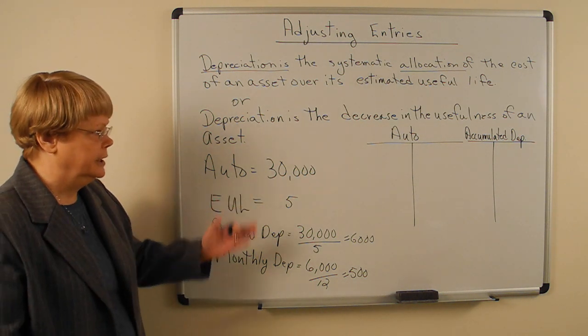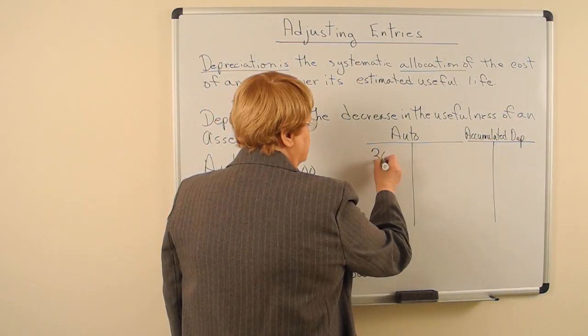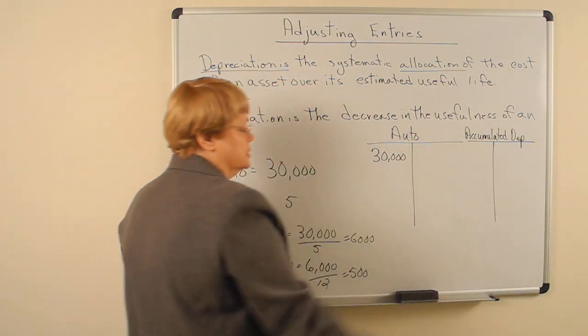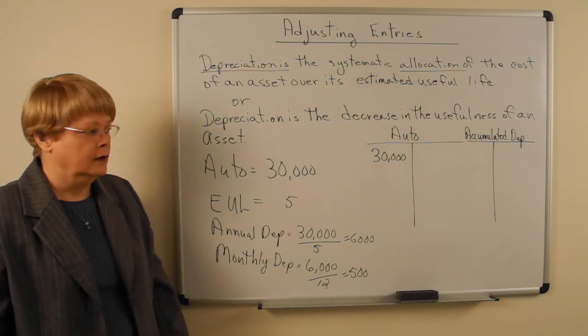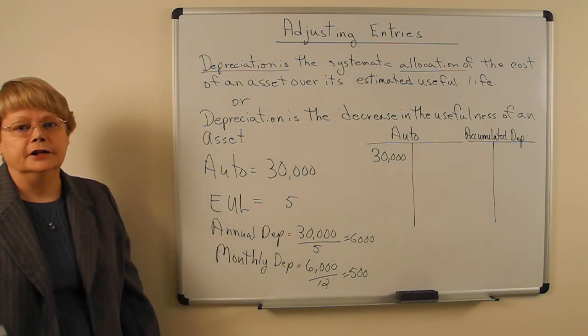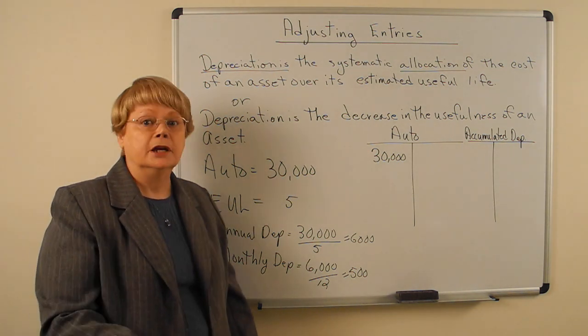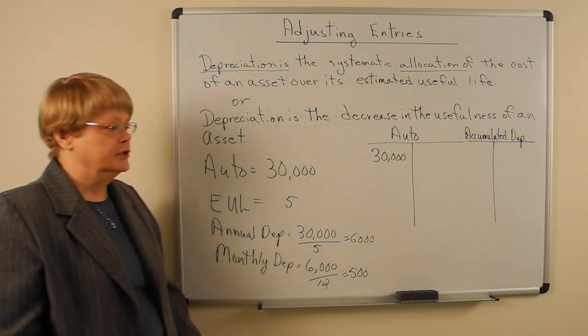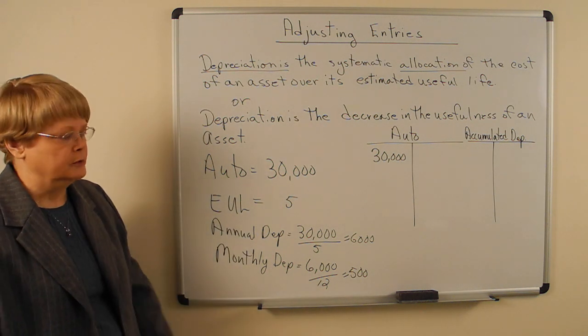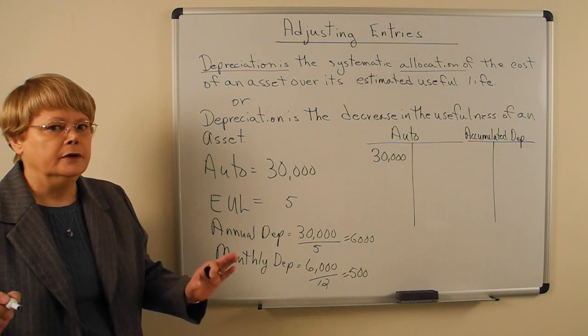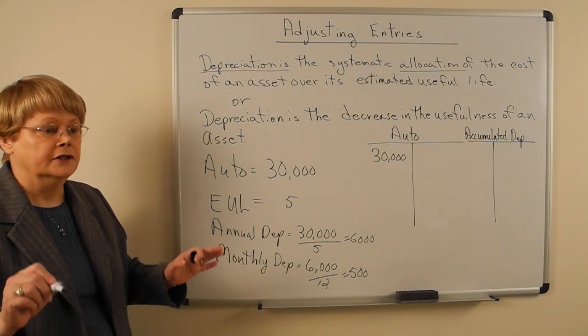So our entry would have been a debit to automobile or automobiles, which is an asset, and a credit to either cash or notes payable, maybe a combination of both of them, but we're just going to say maybe cash because we're going to keep it simple. So that would have been the original entry. Again, that's not the adjusting entry.